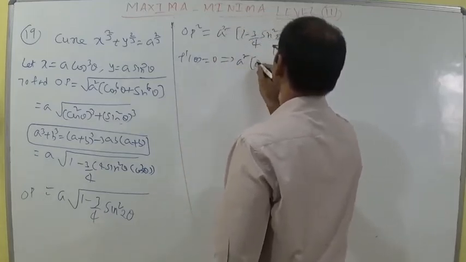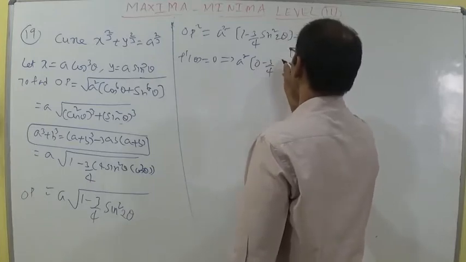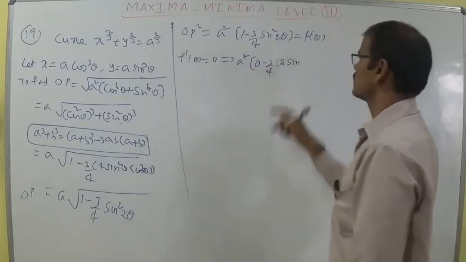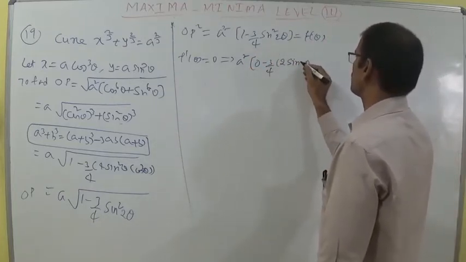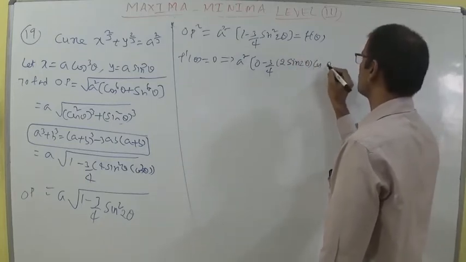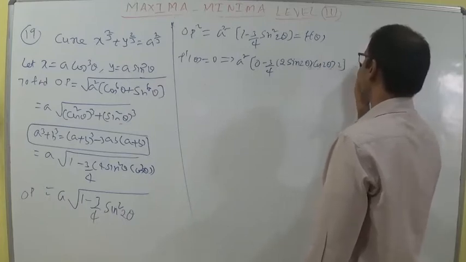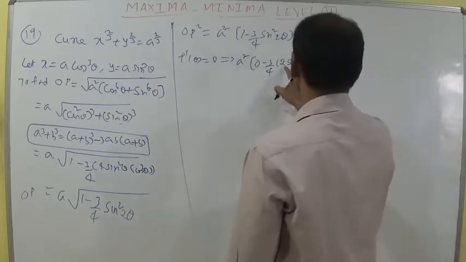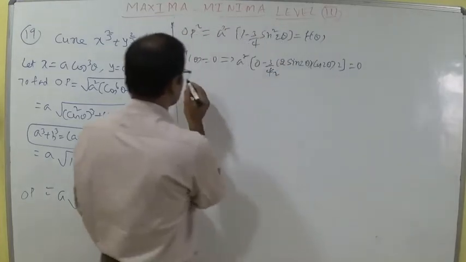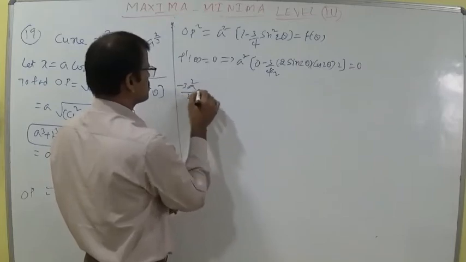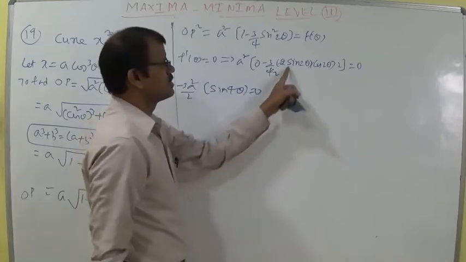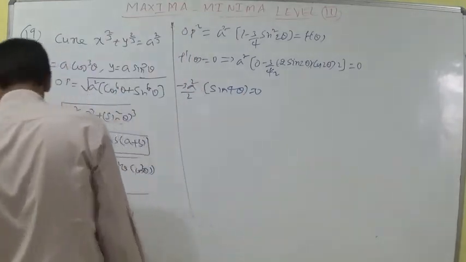So a square into 0 minus 3 by 4 into the derivative of sin square 2 theta: 2 sin 2 theta into the derivative cos 2 theta and the internal derivative 2, equal to 0. The 2 and 2 cancel, and we write minus 3a square by 2 into sin 4 theta equal to 0, since 2 sin 2 theta cos 2 theta is sin 4 theta.